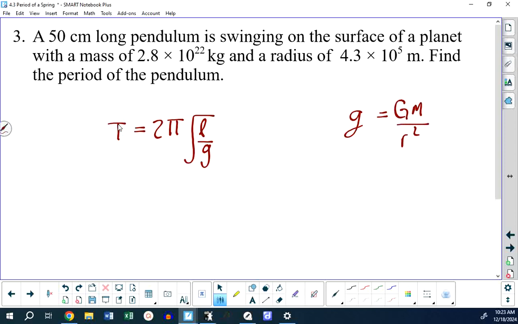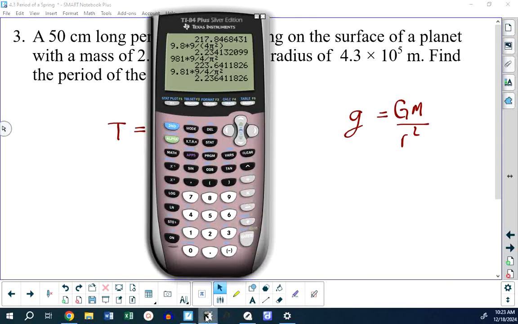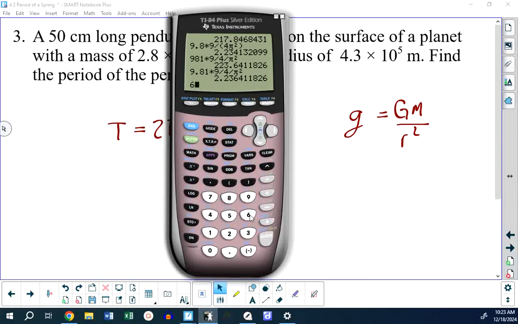So we have to calculate g first by using the universal G, which is different than little g, times the mass of the planet over the radius of the planet squared. It's been a while, so you might have to look that up. Oh, not that long ago. We were doing satellite motion recently.